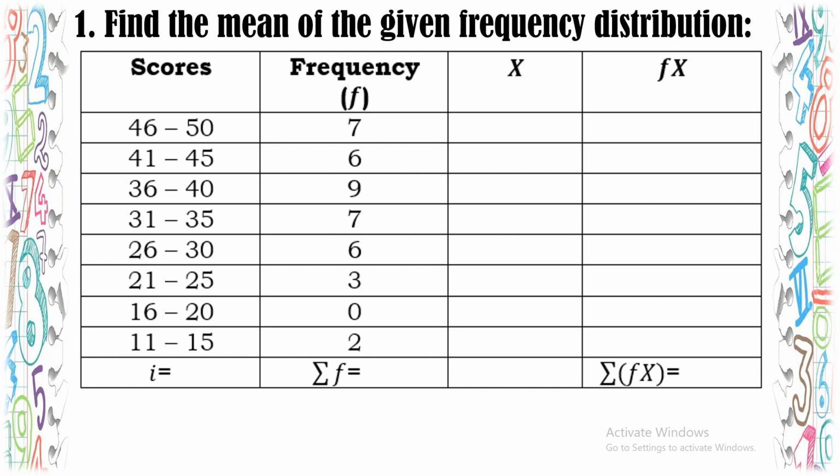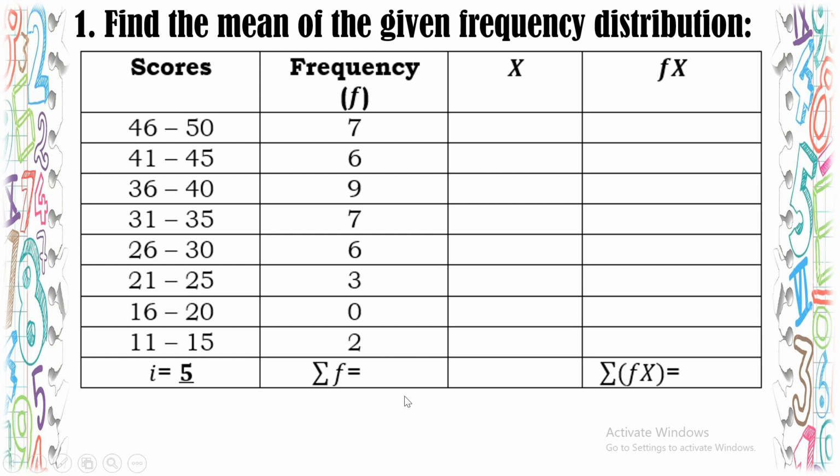So that's 15 minus 11, it's 4, plus 1, so we have 5. So the class size is 5. Or you can just count the numbers included in each class interval. Say, for the interval 46 to 50, we have 46, 47, 48, 49, and 50. So there are 5 numbers.